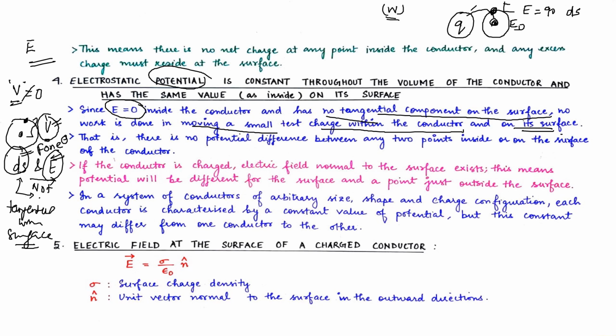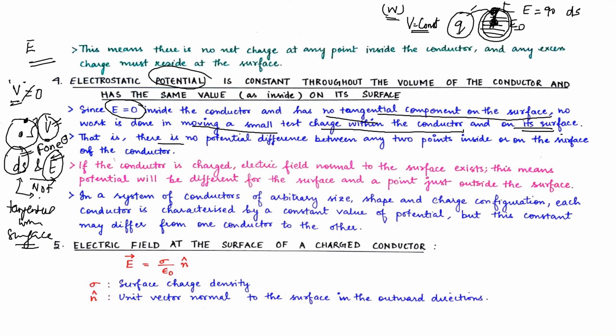No work is required in moving this charge from any point on the surface to inside of the conductor. Hence the potential throughout this system. There will be some energy, there will be some potential, of course, for any system. So we cannot say that the potential is going to be 0. It is not possible. So there will be some potential, but that potential will be constant.